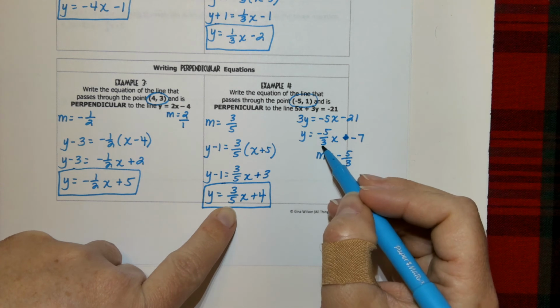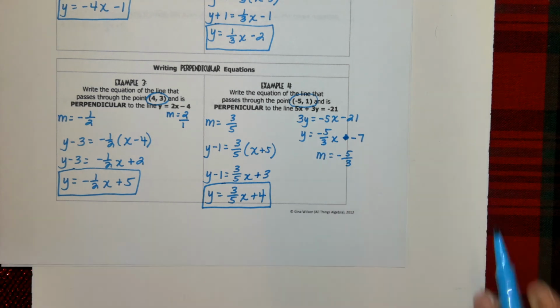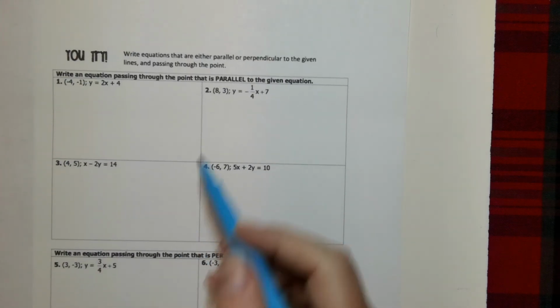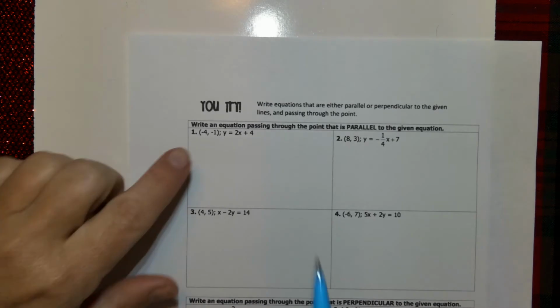That is the equation of the line that is perpendicular to this equation for this line. Notice the slopes. These would be perpendicular lines if you were to plot them. Okay? Let's do some more. Let's do one more. Let's do one of each, and then we'll wrap this up.